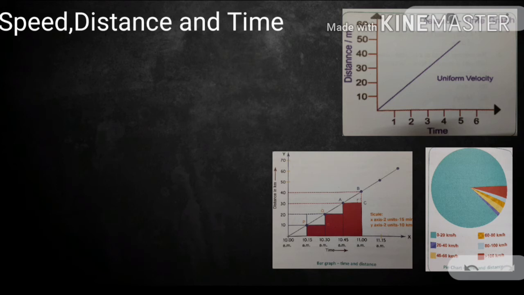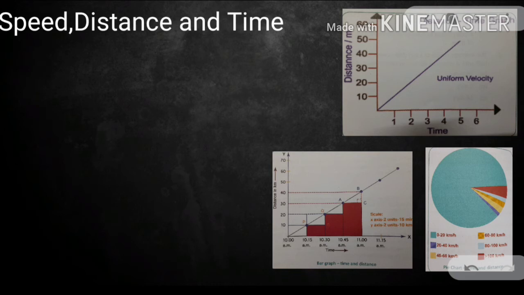In this picture it shows a graph, and what is there in the graph? On the horizontal line you can see the time is given, and on the vertical axis the distance is given.